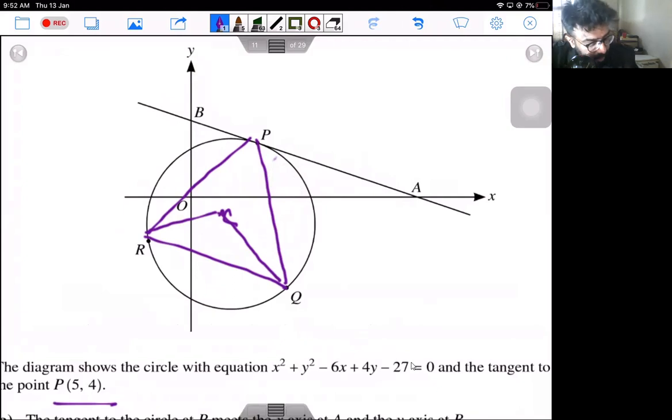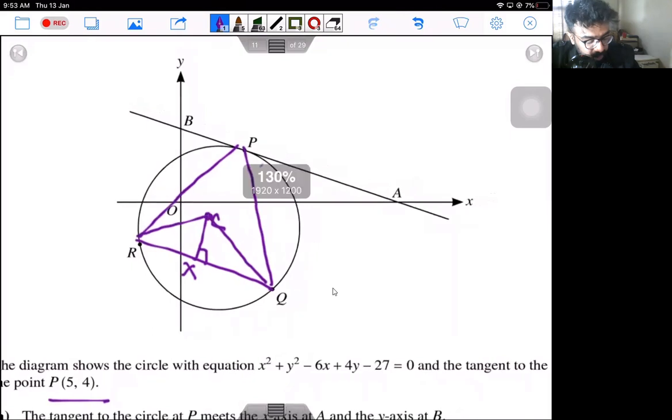Okay, and if we make a line from point C till the line QR, let's say this point is X. So this X is actually the midpoint of QR. This is basically the symmetrical property of circle, because this line CX is the perpendicular bisector of QR.